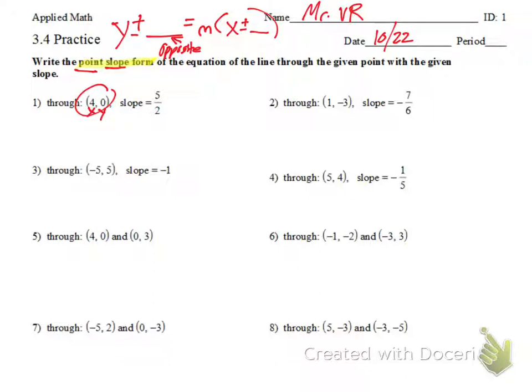So y, and then plus or minus, so the opposite of 0 is 0, so we don't have to worry about it, is equal to, we know what our slope is. Slope stays the same, 5 over 2, parentheses, and then our x is going to be the opposite of whatever our x is, so it's going to be negative 4.